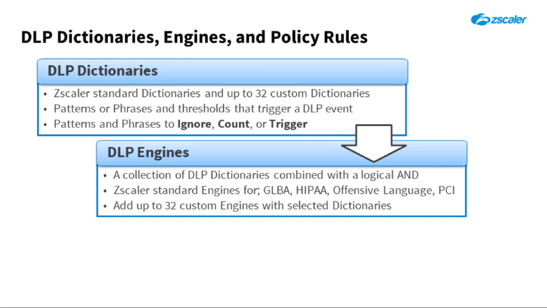A DLP engine is a collection of one or more DLP dictionaries, and it is these engines that you subsequently reference in your DLP policy rules. By using a DLP engine, you can create rules to detect content that encompasses more than one dictionary. For example, if your organization wants to protect social security and credit card numbers simultaneously, you would create a rule using the PCI engine, which contains the credit cards and social security numbers dictionaries.